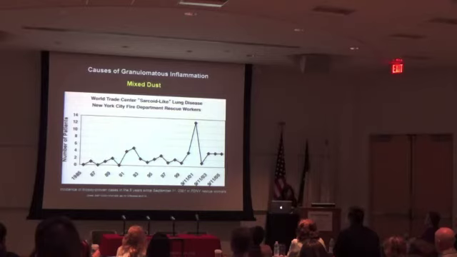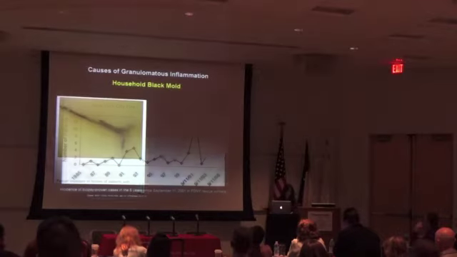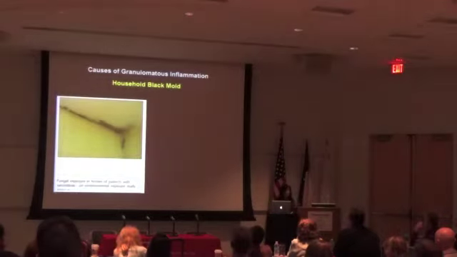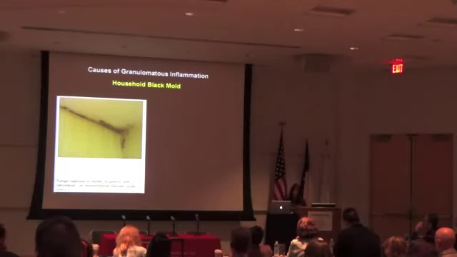So I think that's also sort of instructive in terms of our understanding of sarcoidosis. More recently, it's being reported that household black mold, and this is fungus, can be associated with sarcoidosis.